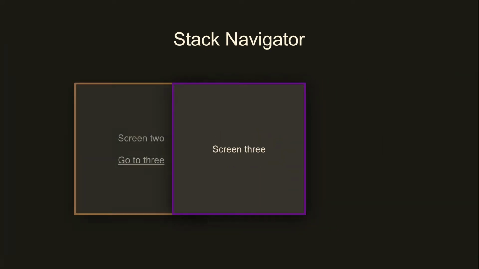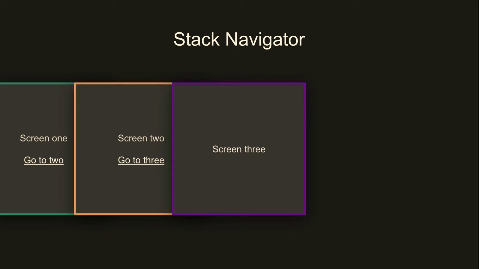And when we look at the stack, what's actually being rendered when we have 3 screens there is we have the previous 2 screens still mounted and in memory. And that's because we need to retain the state that they have. If on screen 1 you scroll down halfway through the screen and then swipe back, you go back to the first screen, you expect it to be in the same spot that you left it.